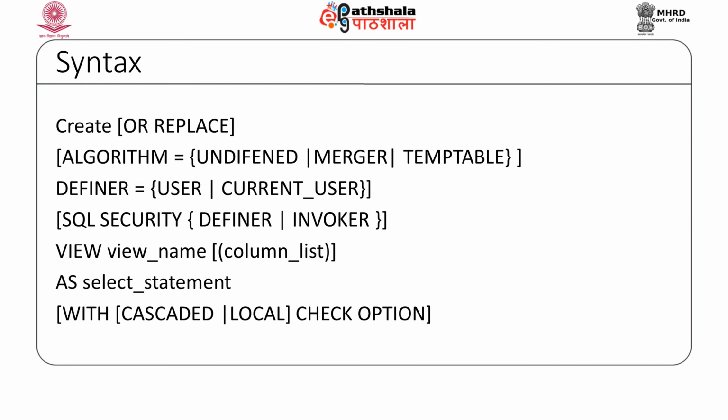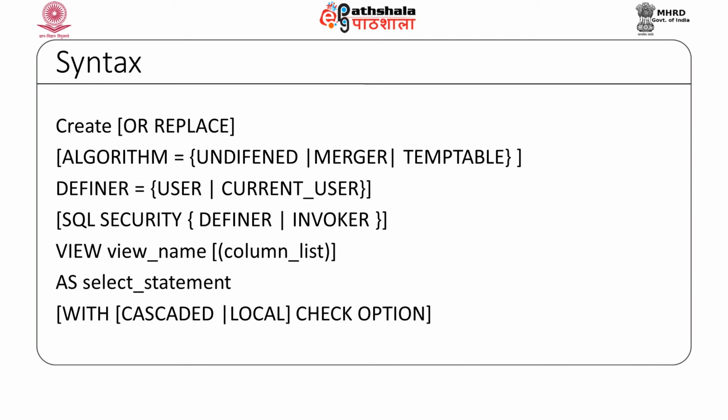Before actually understanding the example, let us understand the syntax of the view. As you know, in each and every database object, we have seen in the syntax that there is the phrase create or replace. Create or replace basically means that if that database object already exists, the compiler will drop that object first and recreate it for you.